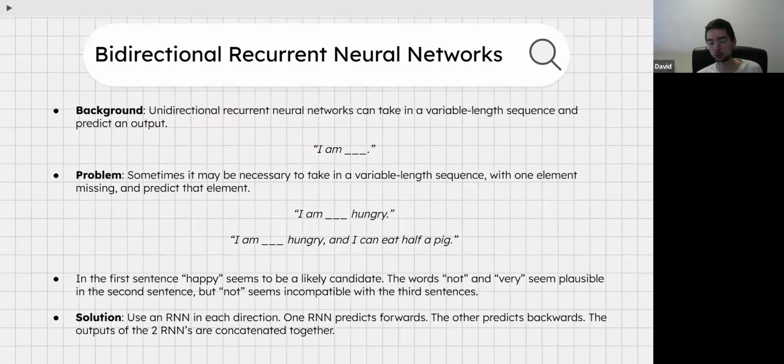So maybe the Swift algorithm might be using some sort of LSTM or recurrent neural network. But if we want to predict one in the middle, then it might be difficult to do so without the context of whatever's after.